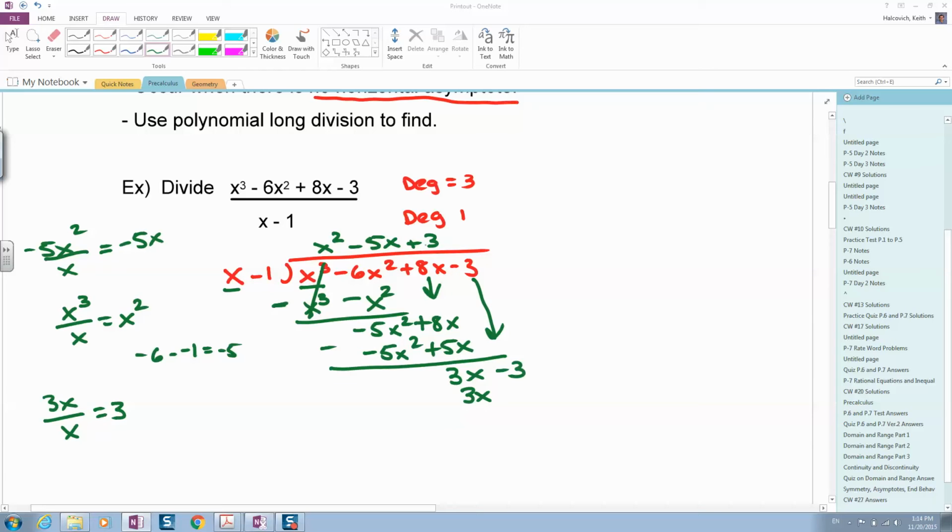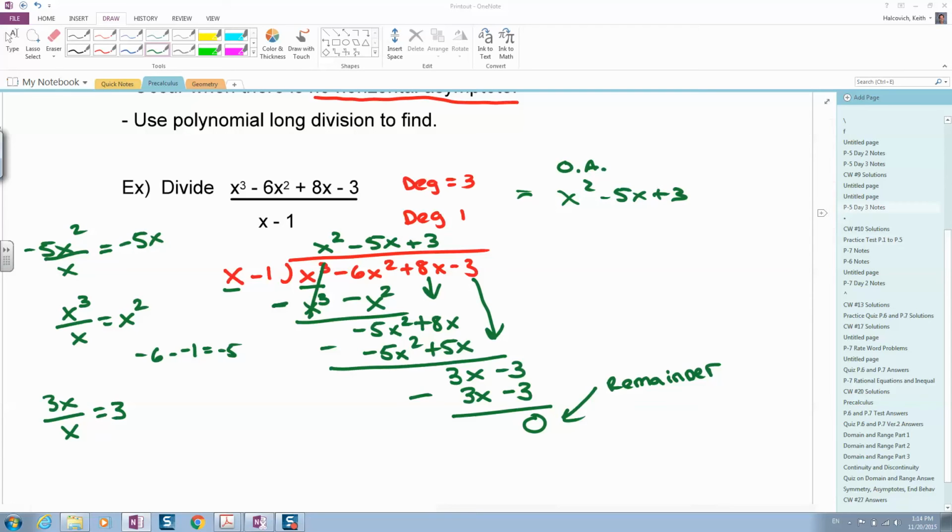And then when you multiply 3 times negative 1, you get negative 3. Subtract, and notice you get the remainder of 0 here. So basically, here, your answer is x squared minus 5x plus 3. So that would be the oblique asymptote in this equation.